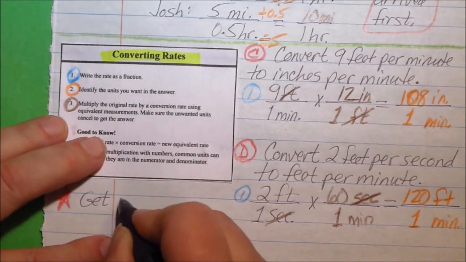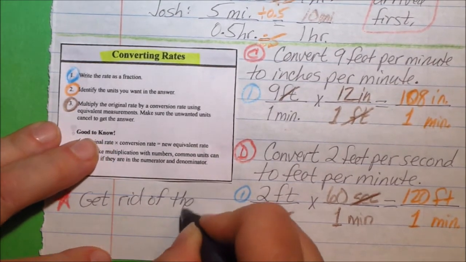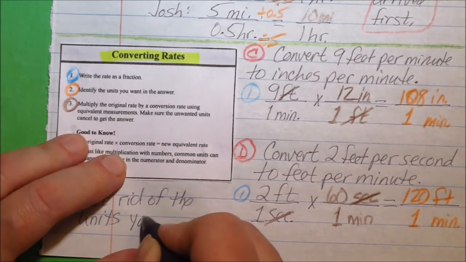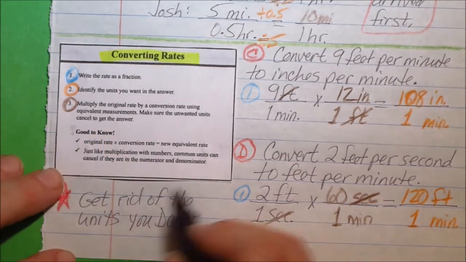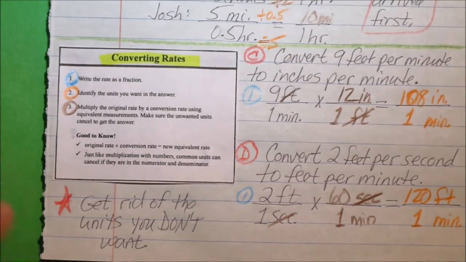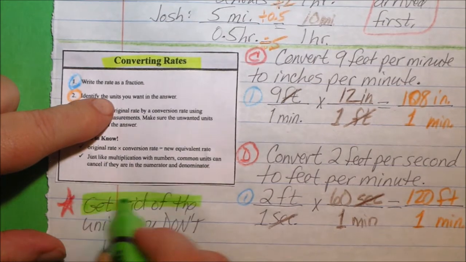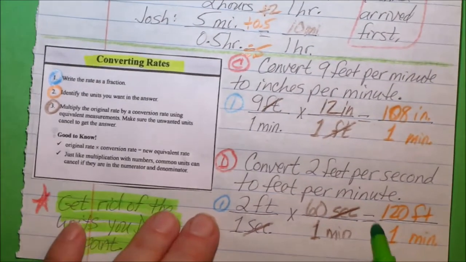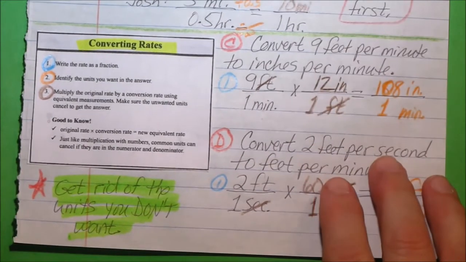Get rid of the units you don't want. Okay, getting rid of the units you don't want in the final conversion answer. Okay, that's the key to keep thinking about when you're doing these setups. All right? Okay, so that's the notes.